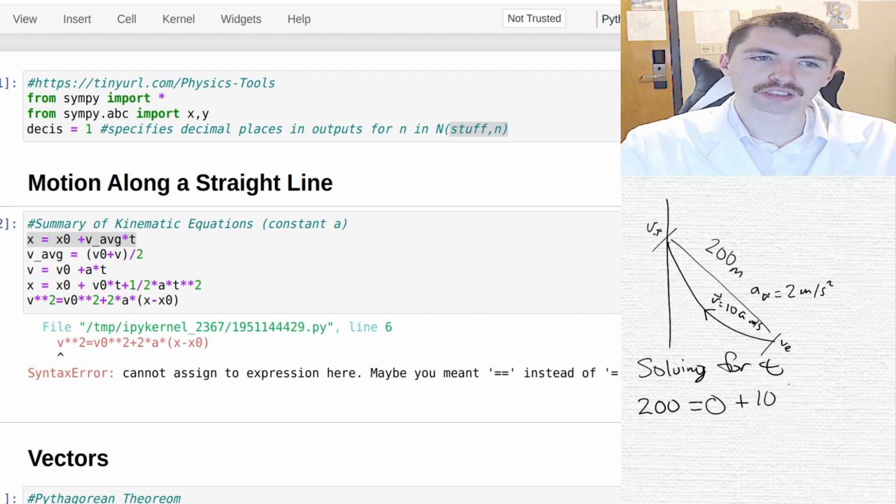The book will correct us if not. The problem with this is it doesn't take into account our acceleration.